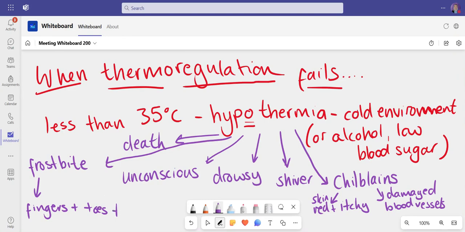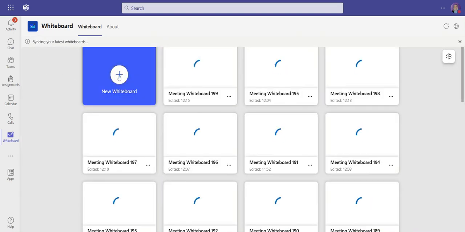So the fingers and toes, the tissue dies. Okay, and often you need amputation, which means you have to cut them off. Okay, you have to have an operation to take off the fingers or toes that have been affected. They get something called gangrene, which can then spread. So it's really important if it gets bad that they're amputated so it doesn't spread to other parts of your body.